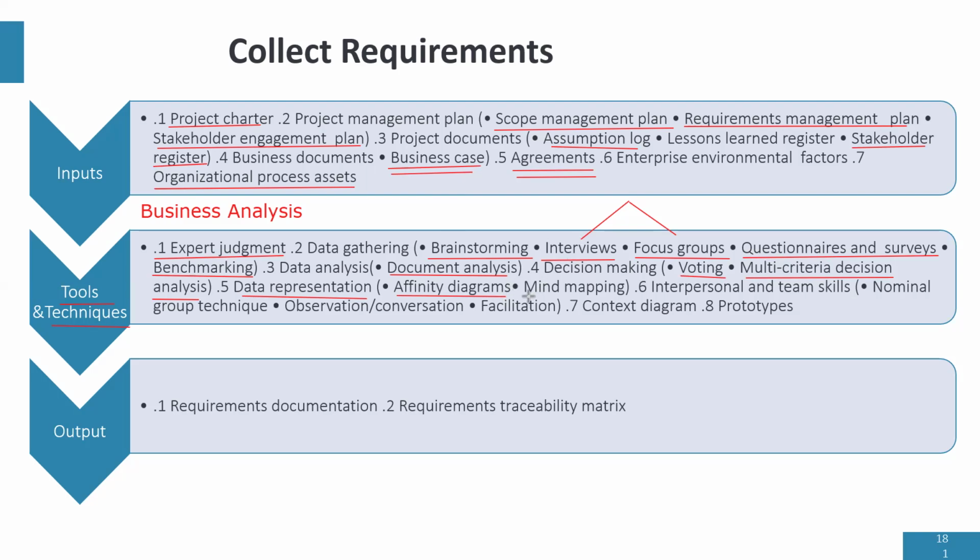Then we have what we call mind mapping. When we talk about mind mapping, we are talking about using a diagram to show the interrelationship between requirements, right? Mind mapping is also a collaborative tool where we start with a diagram and show how one requirement is connected to the other.